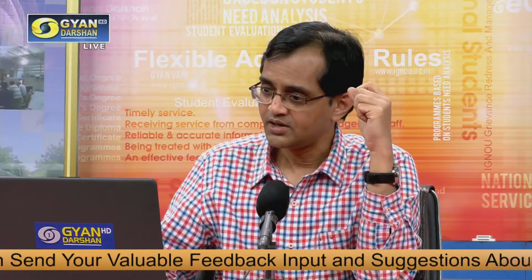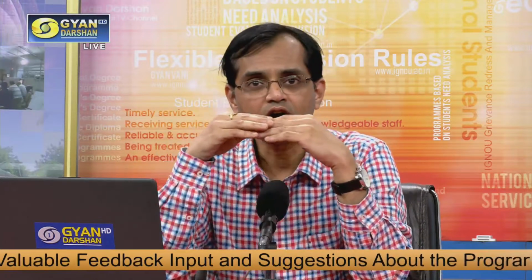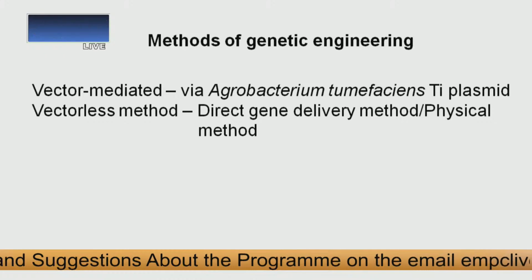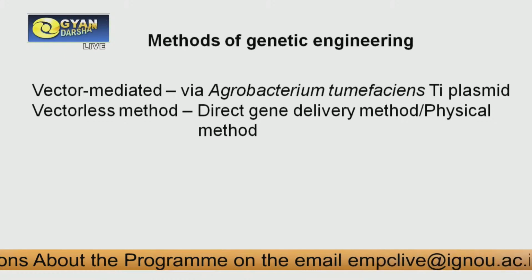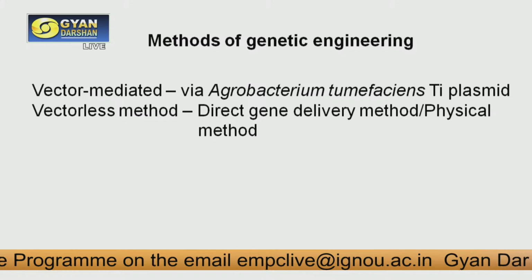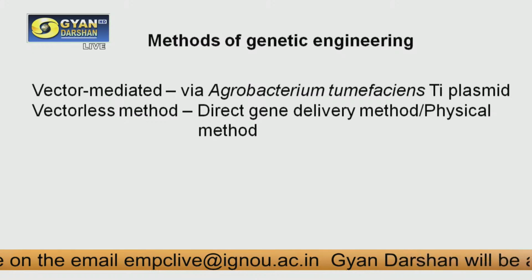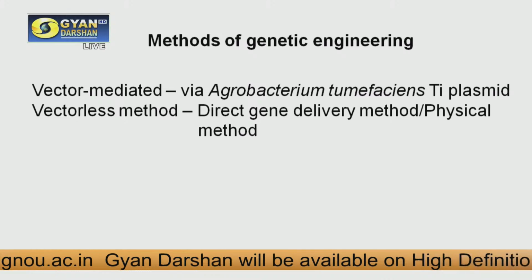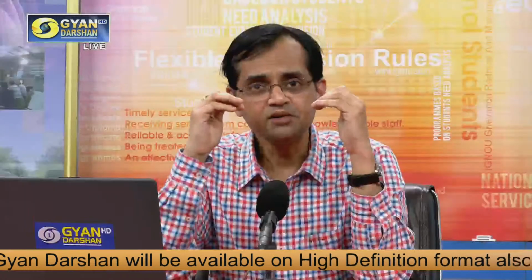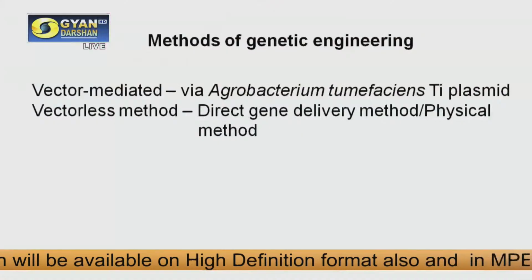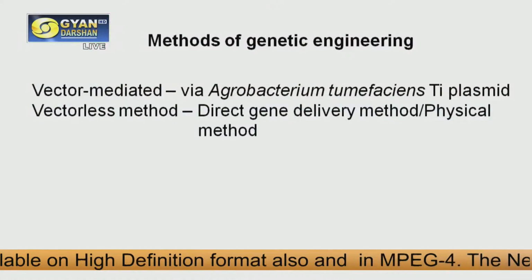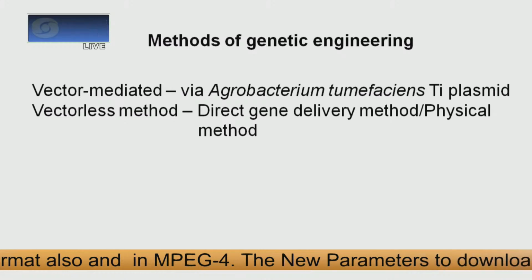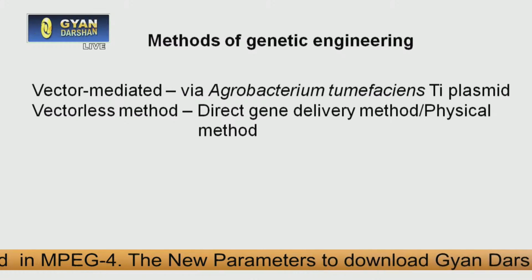Okay. The next topic that I will take up now is methods of genetic engineering. Here there are actually two methods. One is the vector mediated method, another is the vectorless method. Now, the vector mediated method, that is the Agrobacterium tumefaciens mediated method, I am not going into detail today, because you please follow my earlier session.